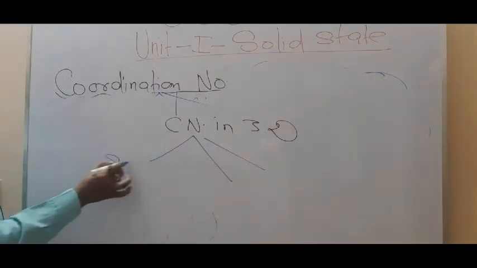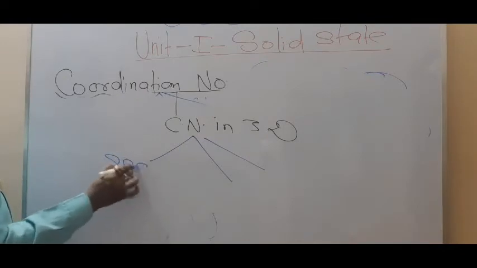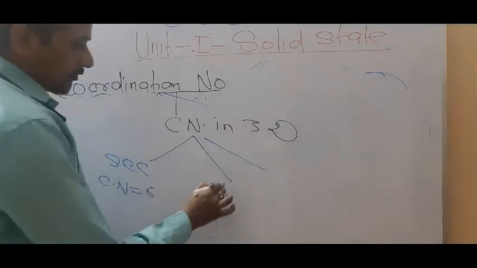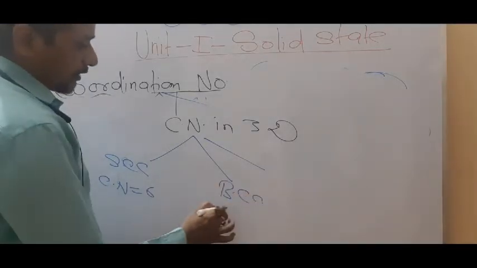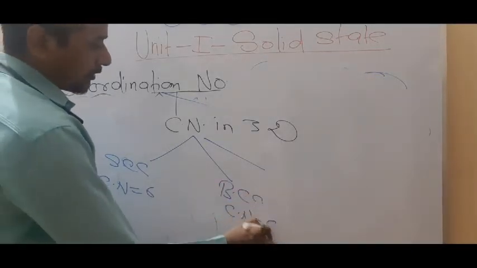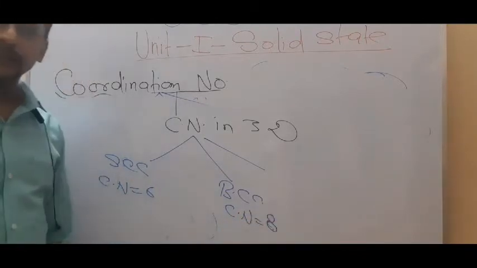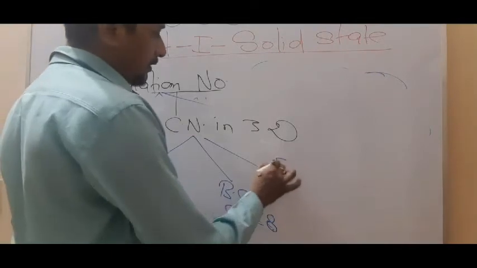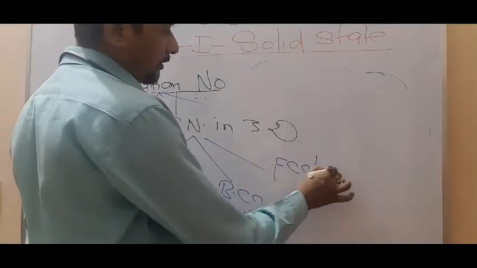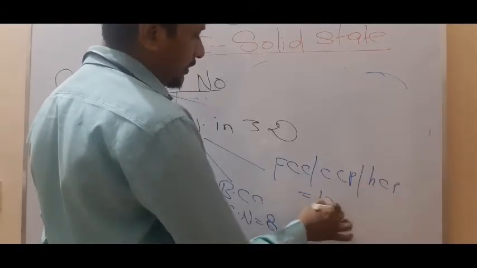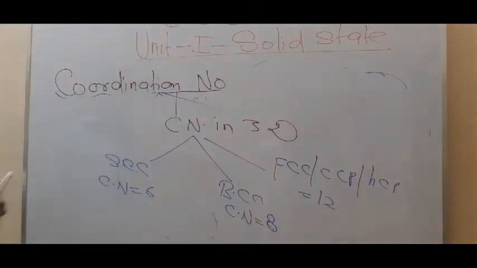For SCC, the coordination number is 6. For BCC, the coordination number equals 8. And for FCC, CCP or SCP, the coordination number is equal to 12. So these 3 you have to learn.